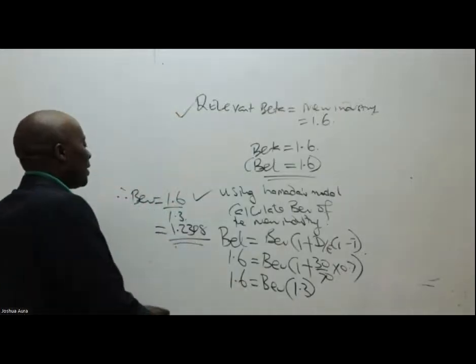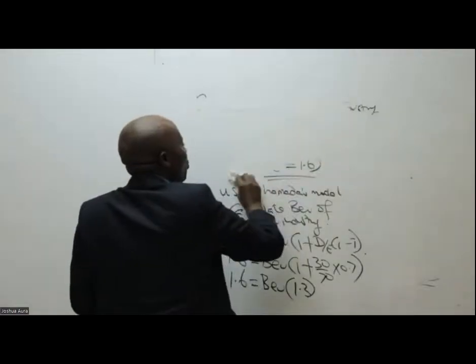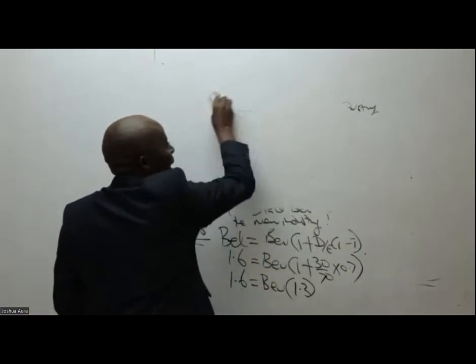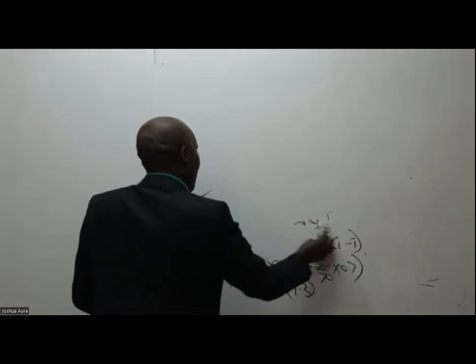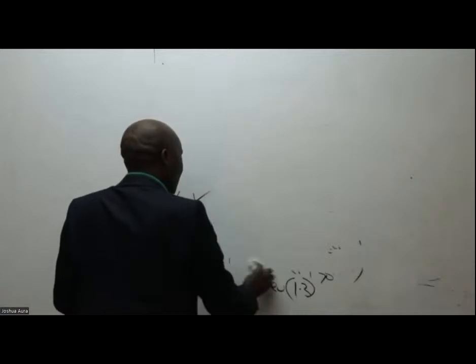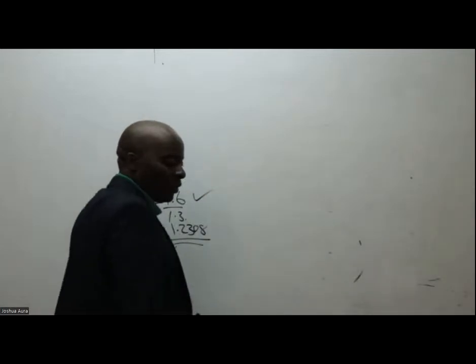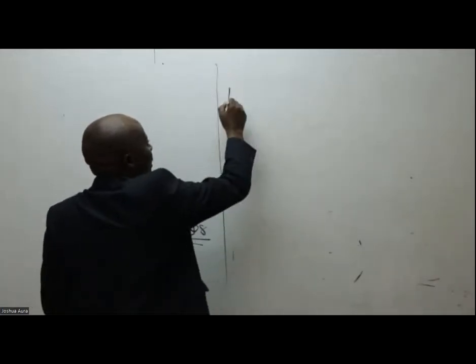So after getting this BEU, now I can apply this BEU of the relevant new industry to the various scenarios given. Now this becomes very easy for me. So I go to the various scenarios given. Then what I'm doing now here is the localization.